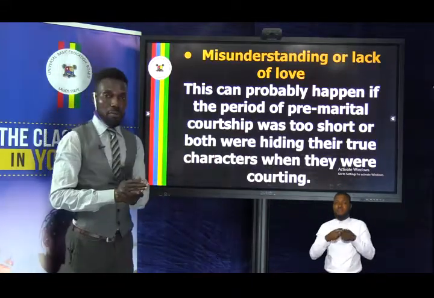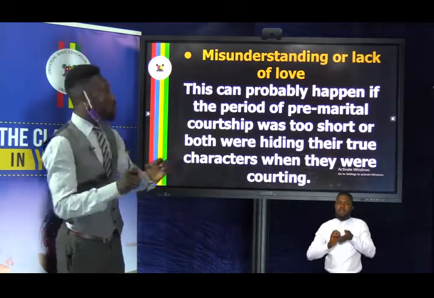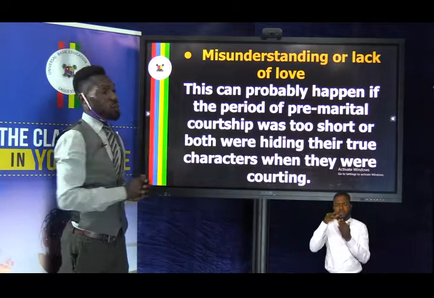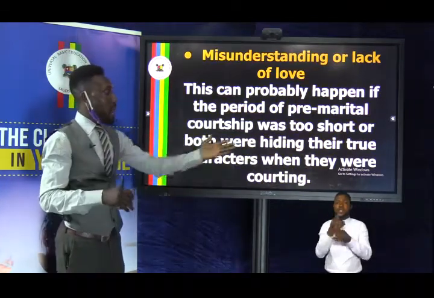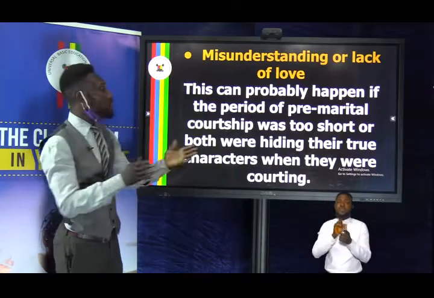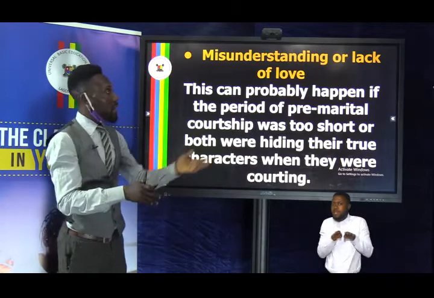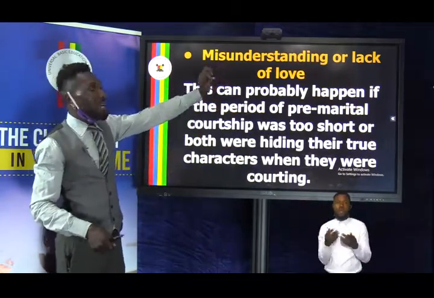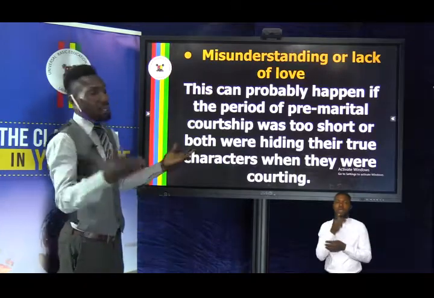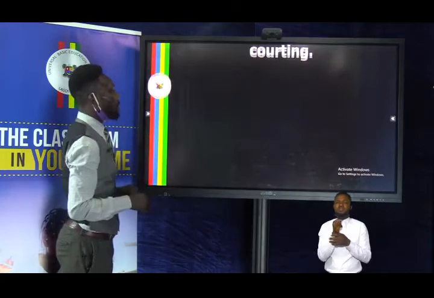They could not study each other before they fully got involved in marriage. At times, the husband or the wife might be hiding some of his or her characters, and when they get married, they discover that they don't truly love each other, and this could lead to marital failure.